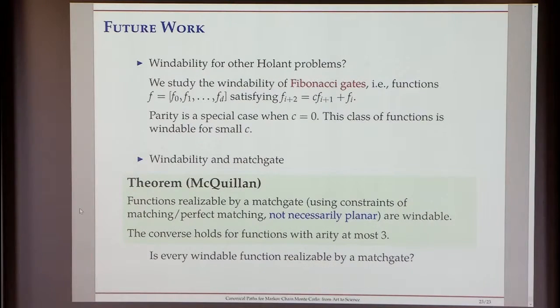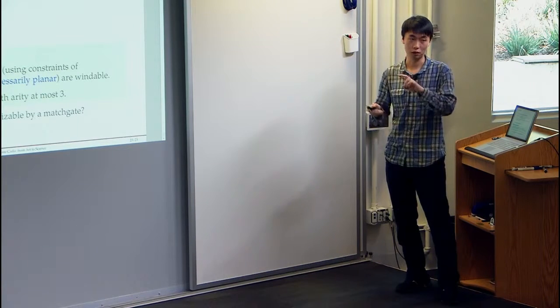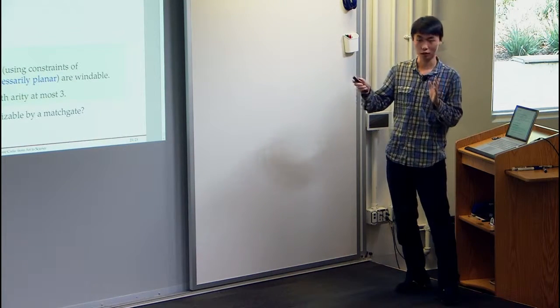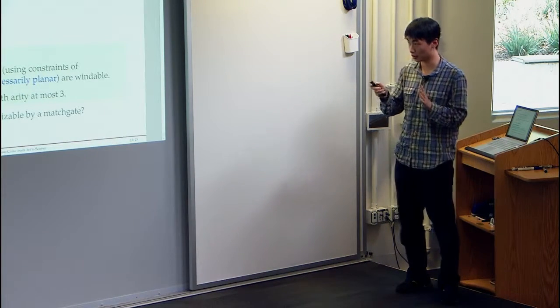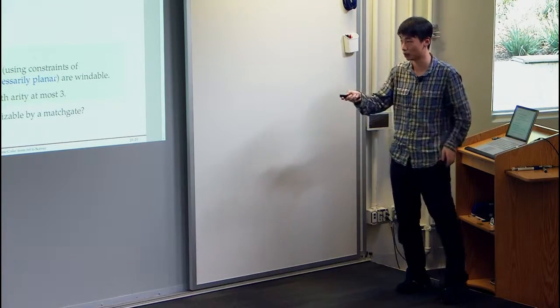So I think it is very interesting to investigate the converse direction of this theorem. We are not able to show that some function cannot be realized by some match gate, except by using the definition of windability.